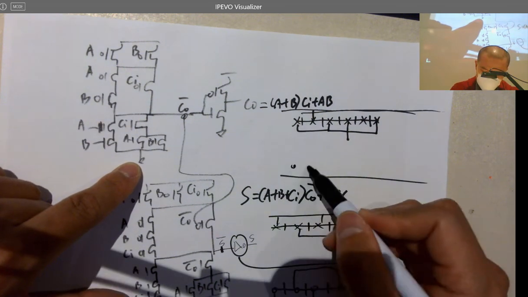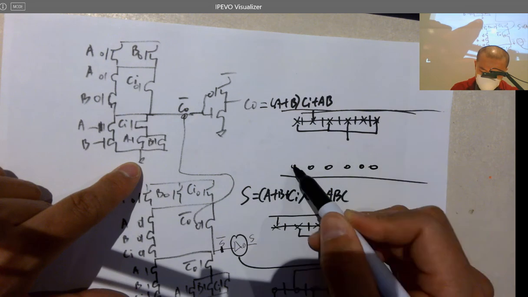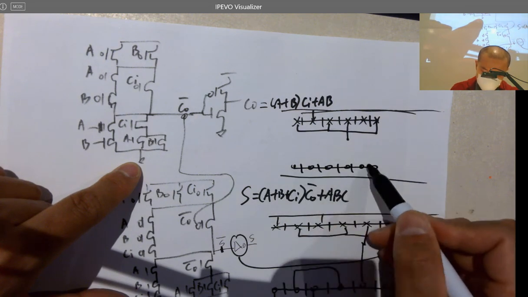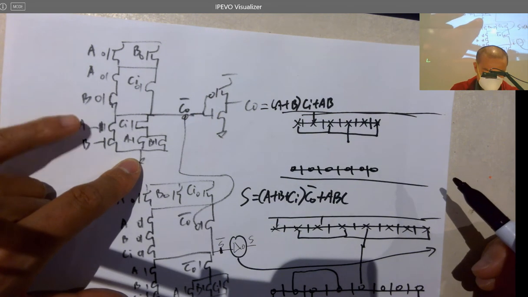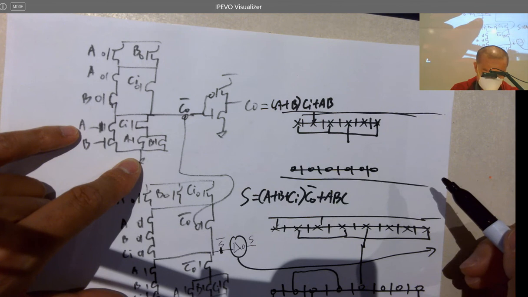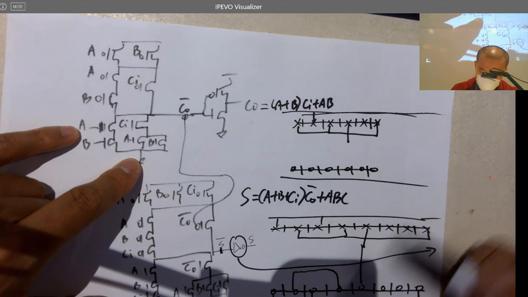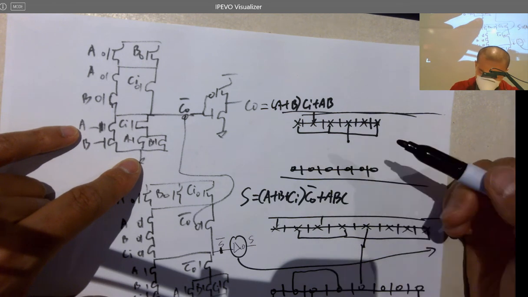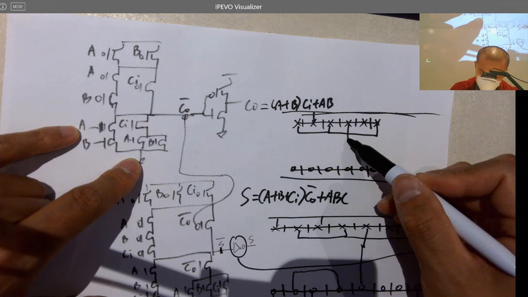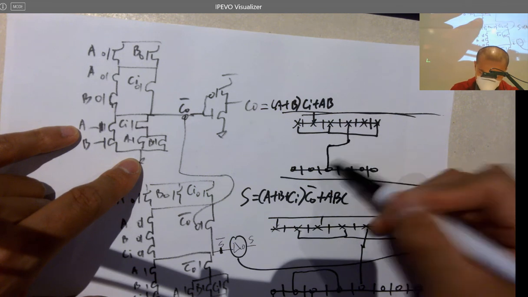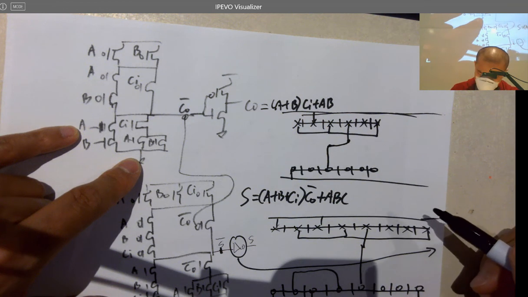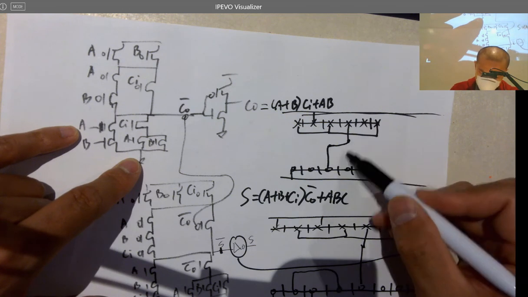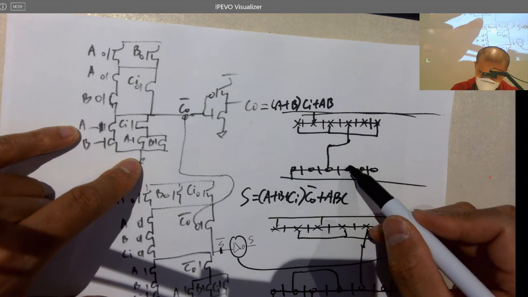And now the bottom. 2 in series. It's very similar to this one, so it's going to be 2 in series, and then 1 in series, and then 2 in parallel.